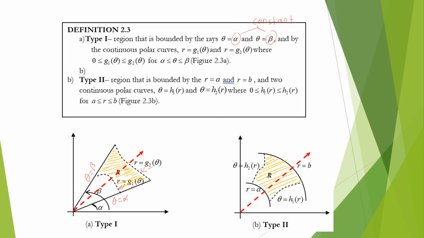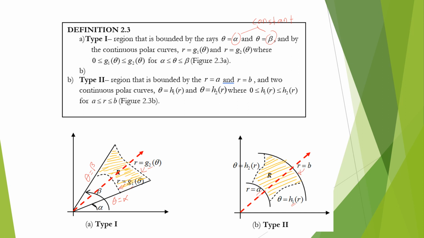For type 2, a region is bounded by r equals a and r equals b. Then we have the function h2 in terms of r, and also theta equals h1 in terms of r.